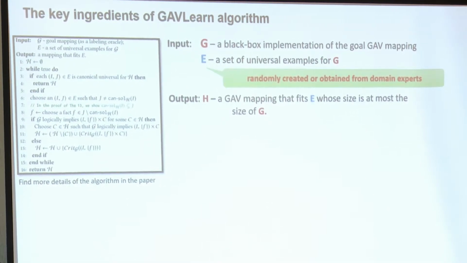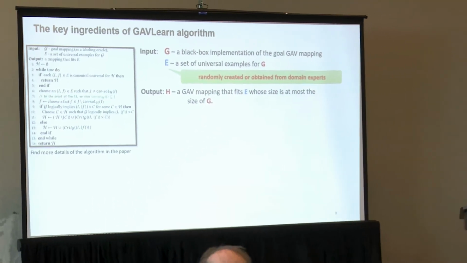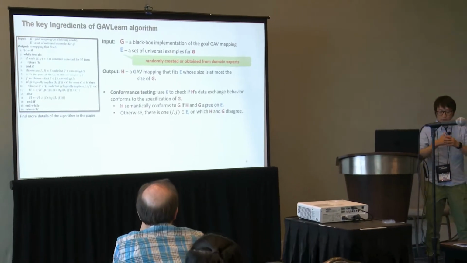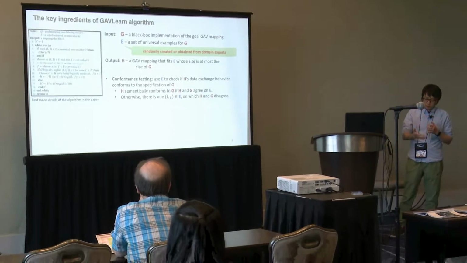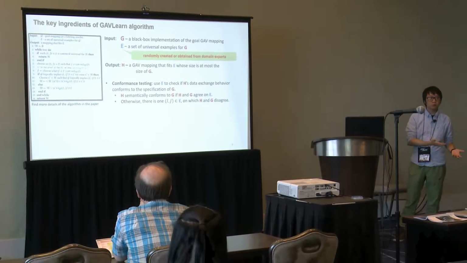The output is a GAV schema mapping H that fits E and whose size is at most the size of G. It turns out that the set E of universal examples plays an important role in our algorithm because we use it to do conformance testing.